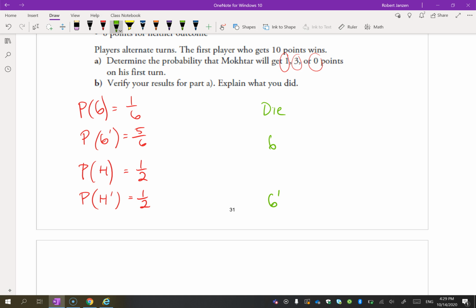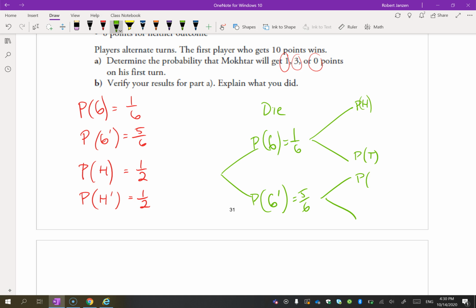Okay? And the probability of 6 is 1 out of 6. The probability of not 6 is 5 out of 6. So that's the first possibility. Then from there, all right, you can either get heads or tails. And in each case, these are 1 out of 2.